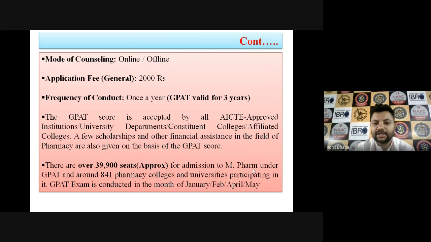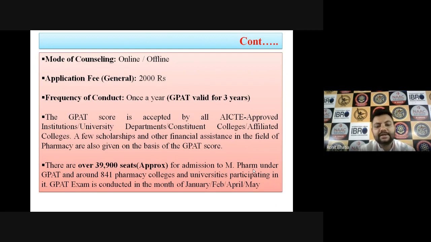As I get the information about the validity, I will share it with you. The GPAT score is accepted by all AICTE approved institutions, university departments, constituent colleges, affiliated colleges, and a few scholarships and other financial assistance in the field of pharmacy are also given on the basis of the GPAT score.